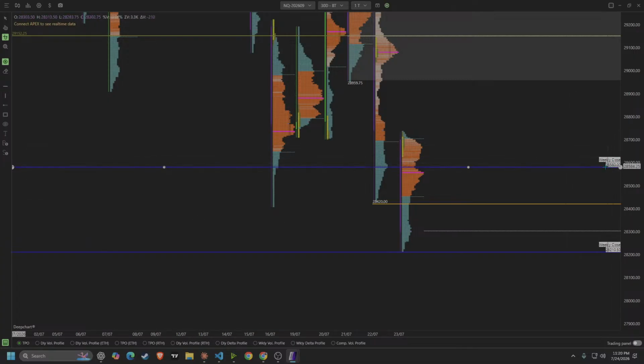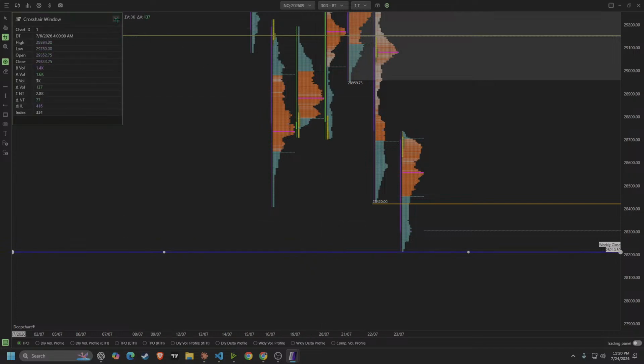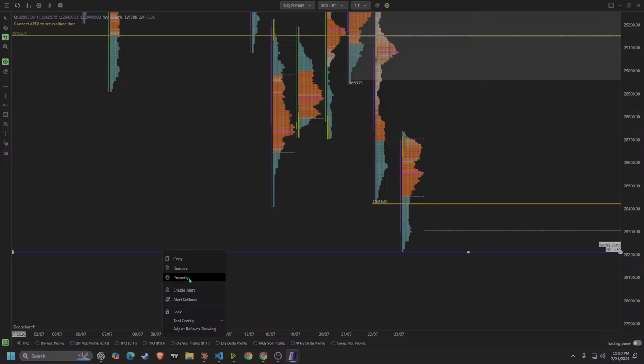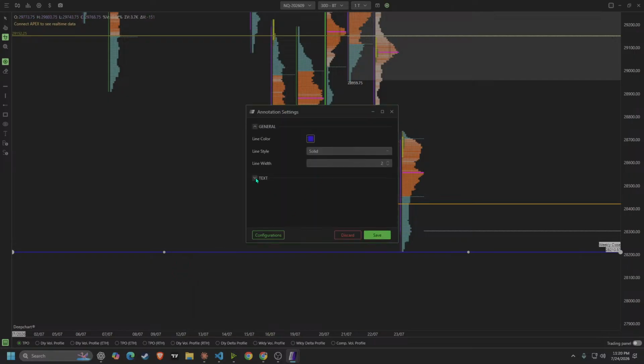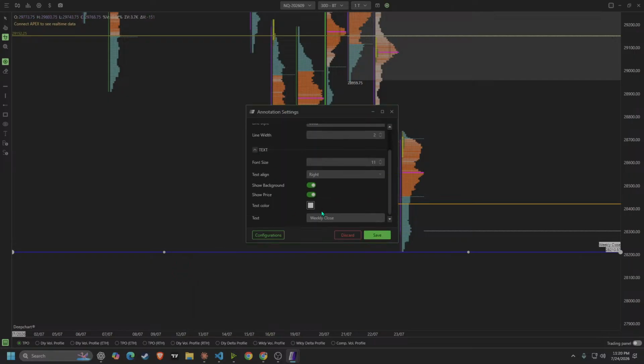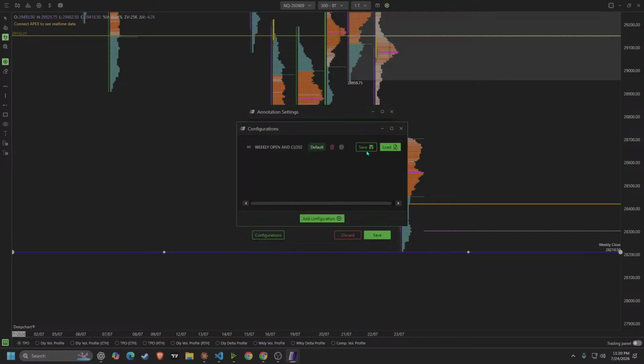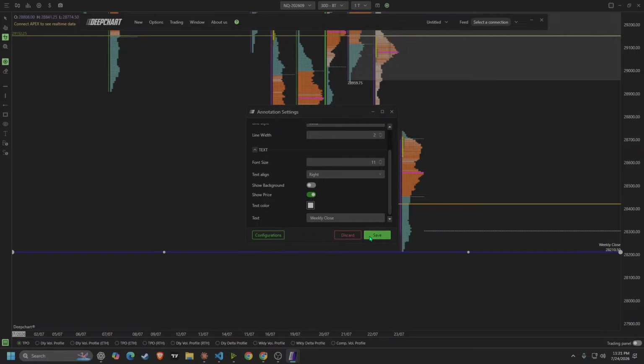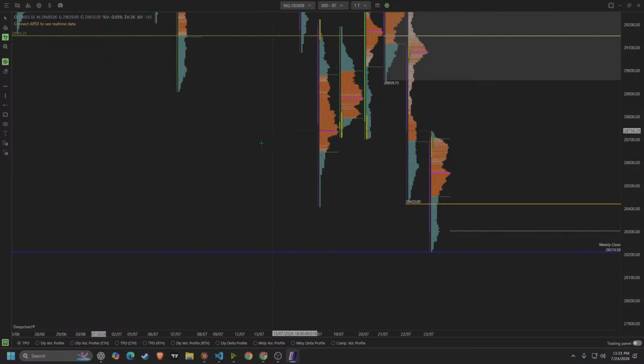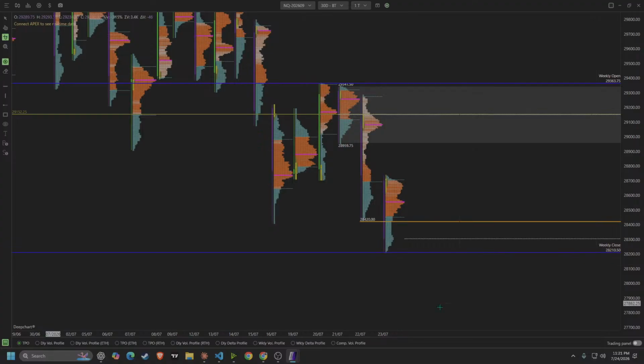You have to change the label, but it's there. But I don't want the background. So save it. All right, so that's what our week looks like.